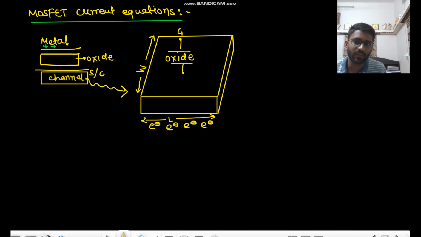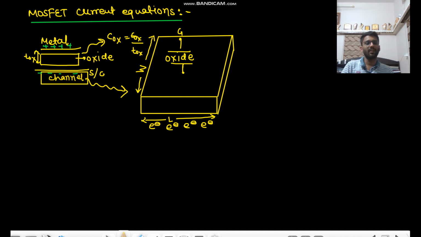So here we have positive and here we have negative. So this will give rise to some capacitance, COX, that will be epsilon OX upon TOX. COX is the capacitance per unit area.